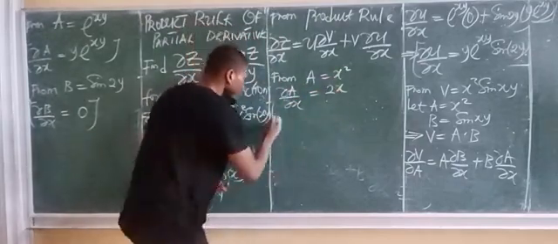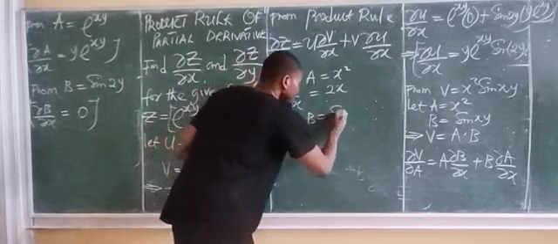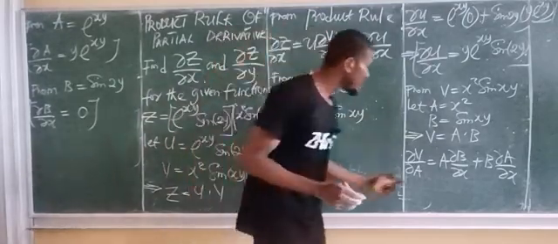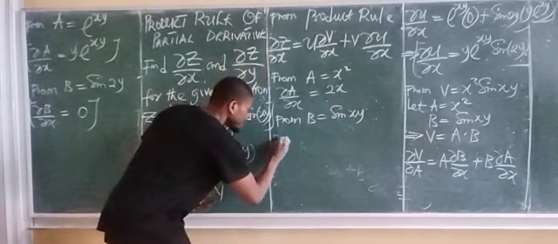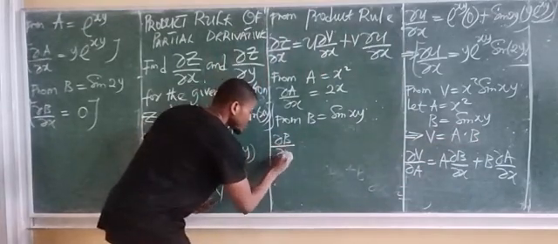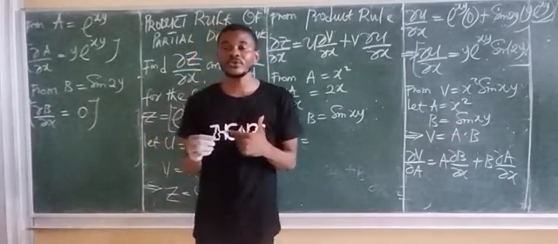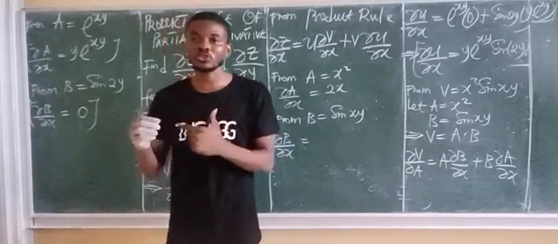Okay. Also from b equals sine xy, okay, that's here. From b equals sine xy, I want to find the partial derivative of b with respect to x. So please take note. I also did a video on how to differentiate trigonometric functions by shortcuts.